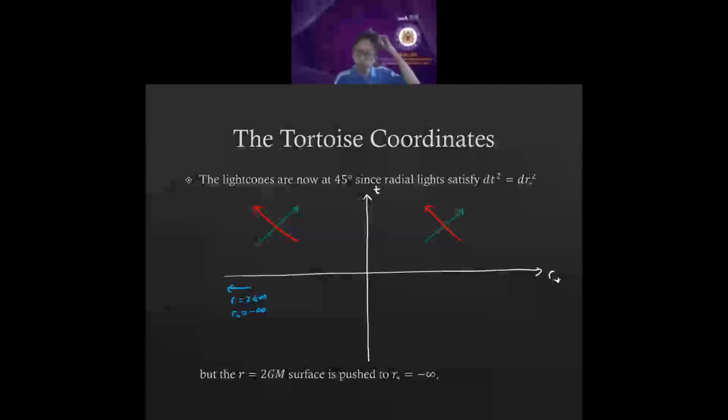So we don't want to do this, right? That's not the point of us changing the coordinates, because what we want to study is what is happening at that special surface r equals 2GM.